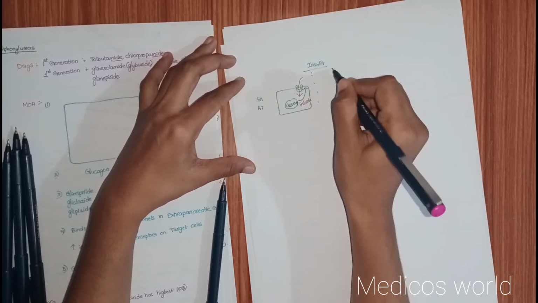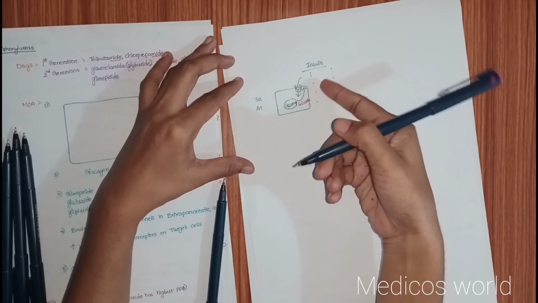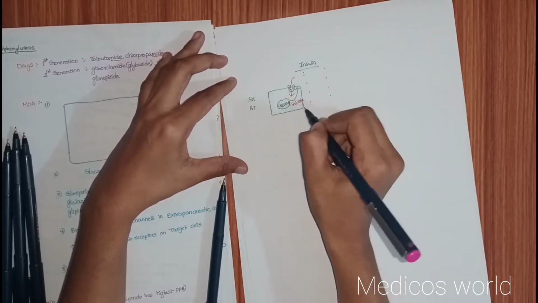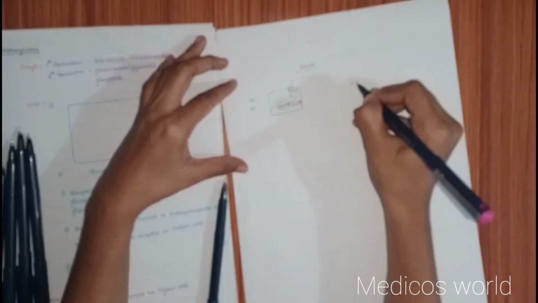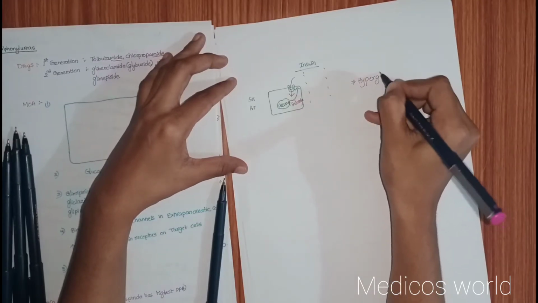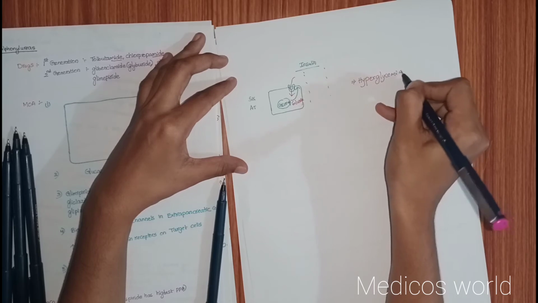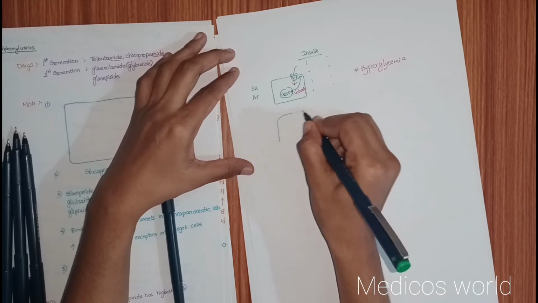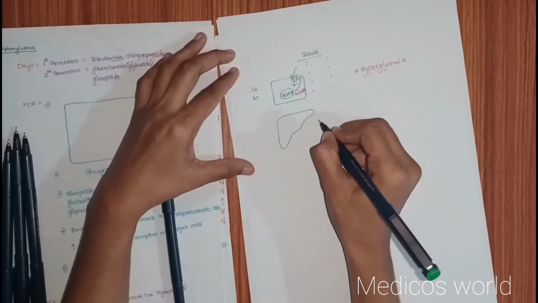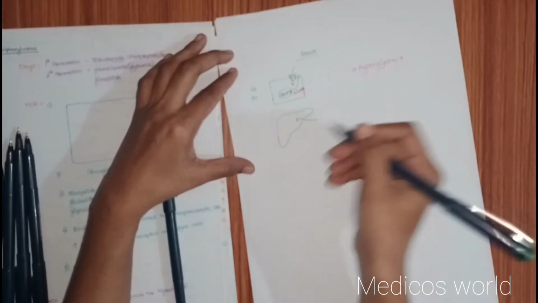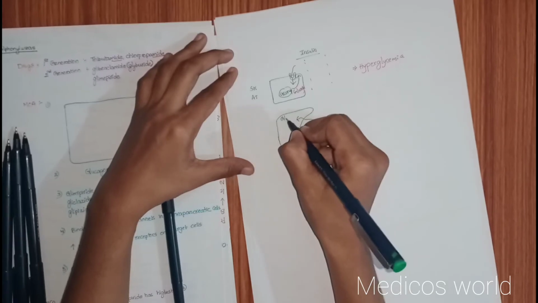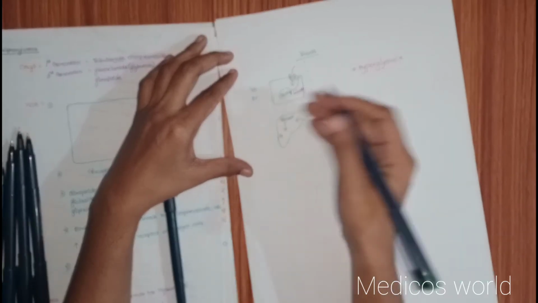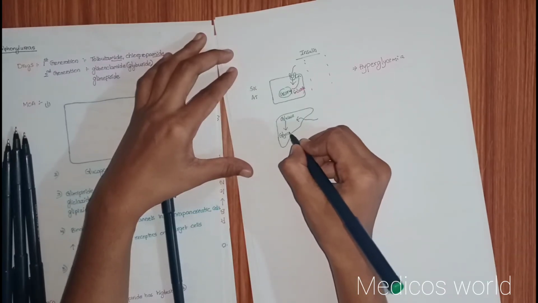Because of that, what happens? In the plasma, the glucose level will be low. Because of the lack of insulin, this function will not happen. That leads to hyperglycemia. Not only this, insulin increases the absorption of glucose into the liver, so that many glucose molecules are converted into glycogen.